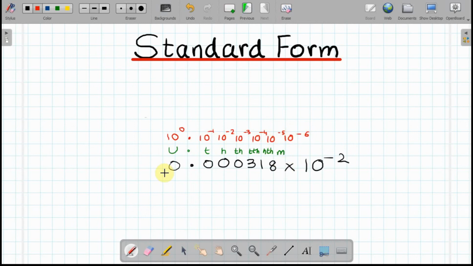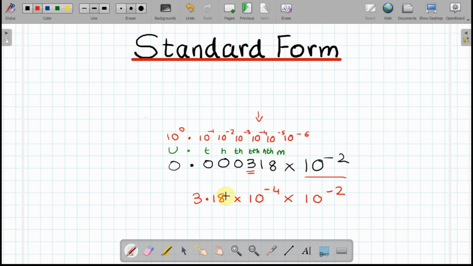So I look at the first non-zero digit from the left, which is a 3, and I'm going to write it as a unit. Remember, this part I'm going to leave as it is, 10 to the power minus 2. Do not change it. Write this 3 as a unit because it's the first non-zero digit from the left. So 3.18 multiplied by a power of 10, which is 10 to the power minus 4.